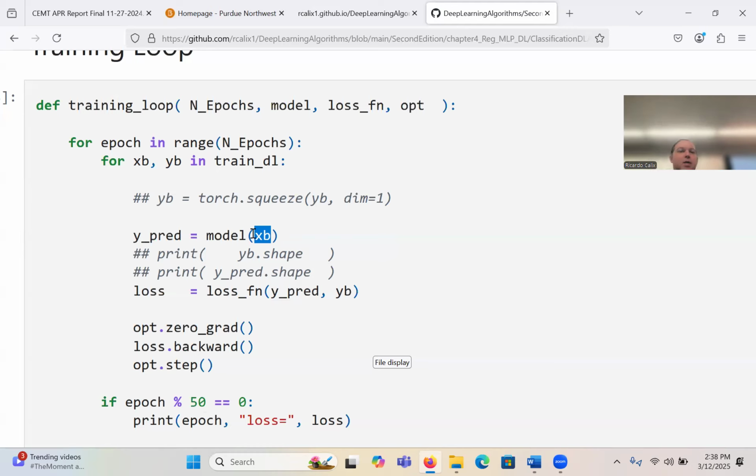We pass it to the model, and the model gives us all the predicted labels for those images. So that's going to be YPred. And then what do you have here in YB? If we have the predicted labels in YPred that we're passing to loss_fn, then here we have the real label. And we need to compare the difference. Do you guys see that?